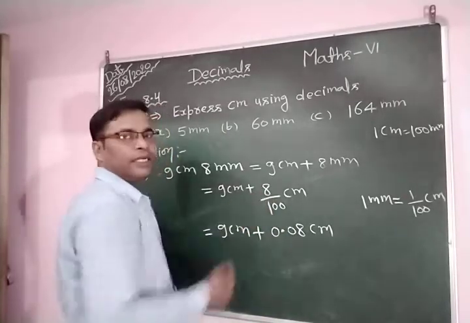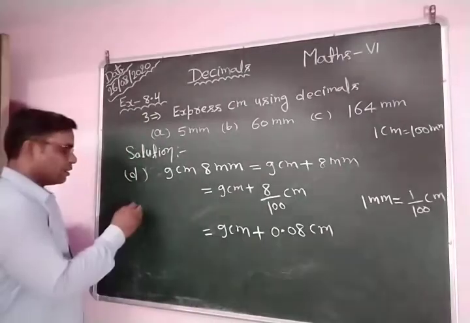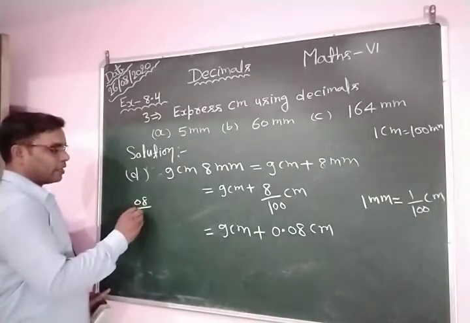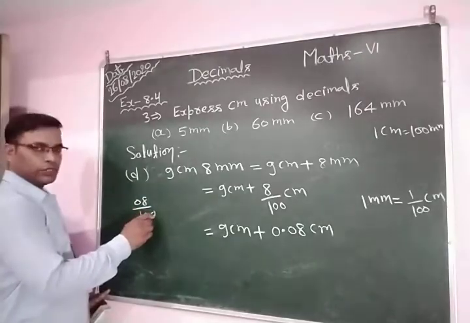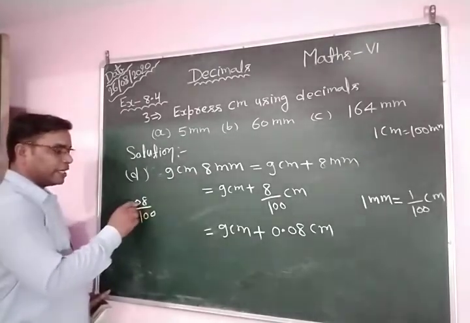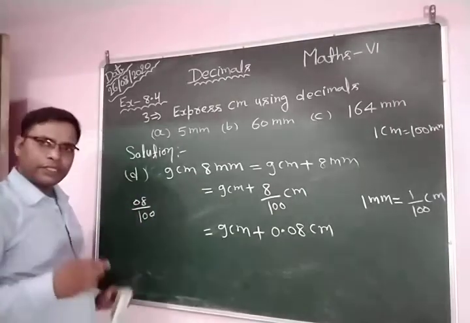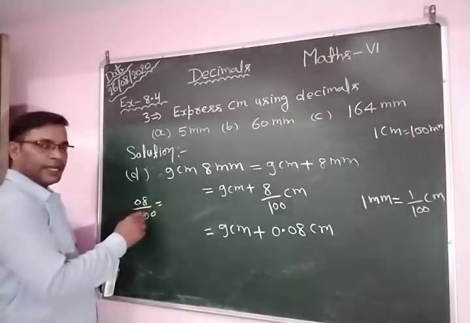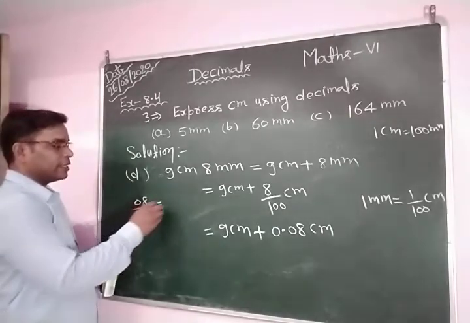Here we have only 1 digit, so we write 0.8 by 100, and the decimal moves 2 places.